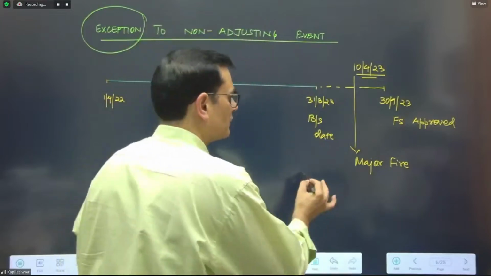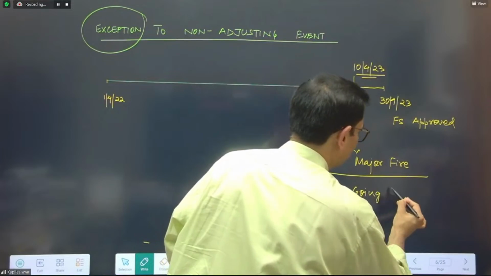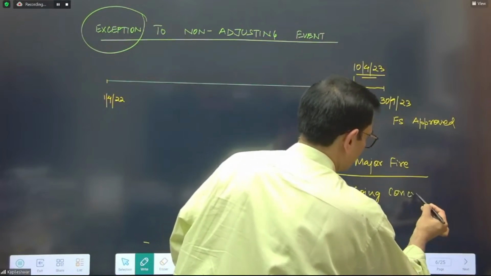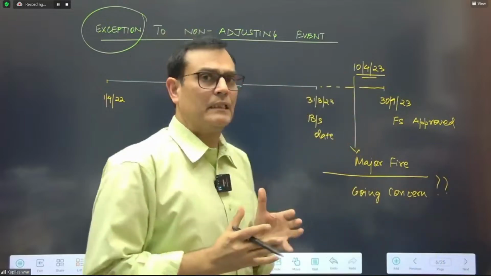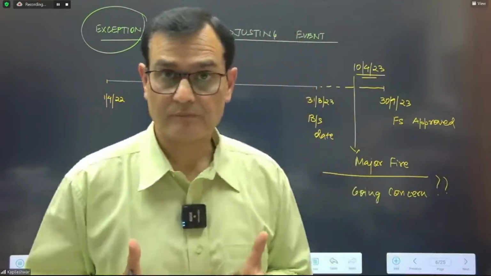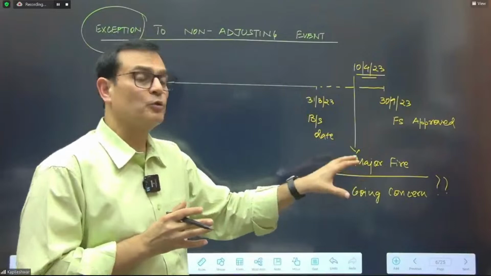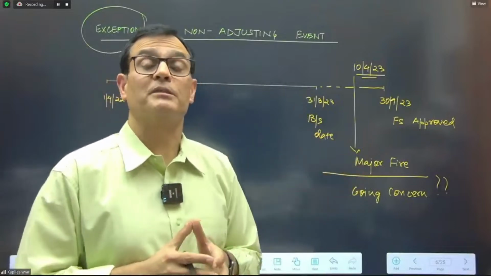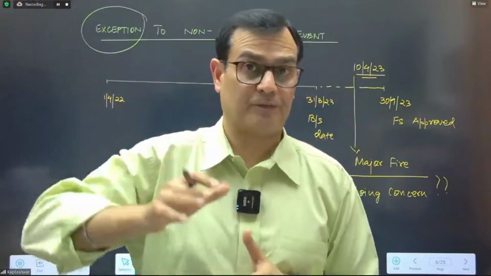The going concern assumption tells me that the company will be able to continue the business in the foreseeable future, at least for the next 12 months.